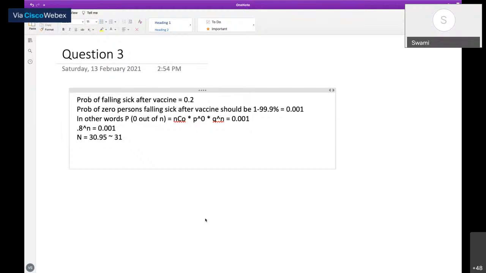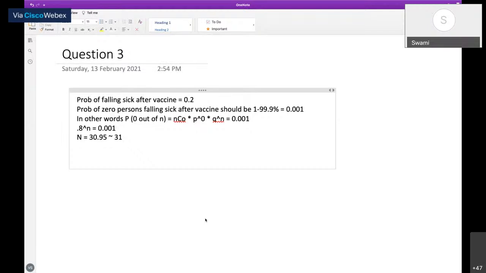If you solve it, we get 30.95. For others to understand, this 0.8 comes from q raised to n. q is nothing but the probability of not falling sick, 1 minus p, that is 1 minus 0.2. That's why it's 0.8 raised to n. Sorry, sir, I should have explained that.